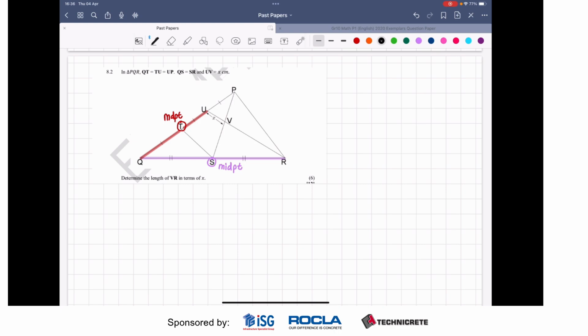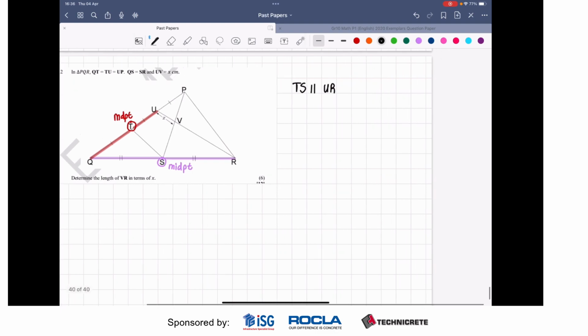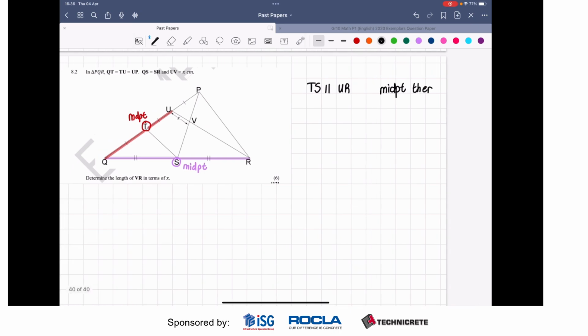So I can first say that TS is parallel to UR, and that is because of the midpoint theorem. And for the same reason, I can say that UR is equal to 2 times TS, midpoint theorem again.